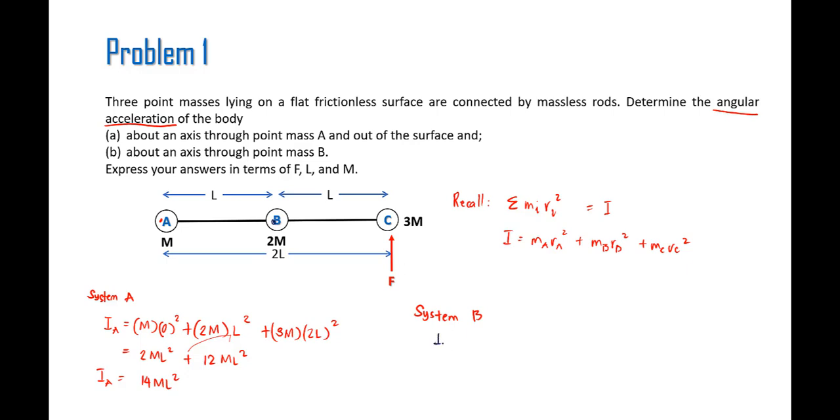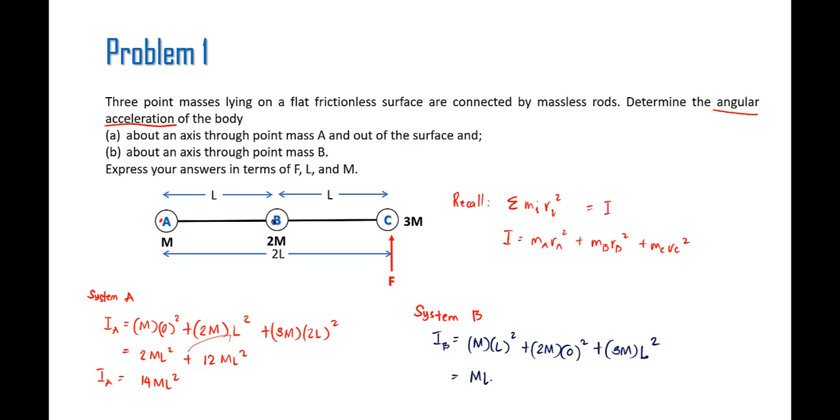So we have I sub B is equal to, you have M sub A, which is M, multiplied by, since our axis is here, your R sub A is this distance, which is L. So you have ML squared plus you have M sub B, 2M, and then your R sub B is 0 this time since the axis is through B. And then we have M sub C, 3M, multiplied by your R sub C, which is this distance, equivalent to L, squared.